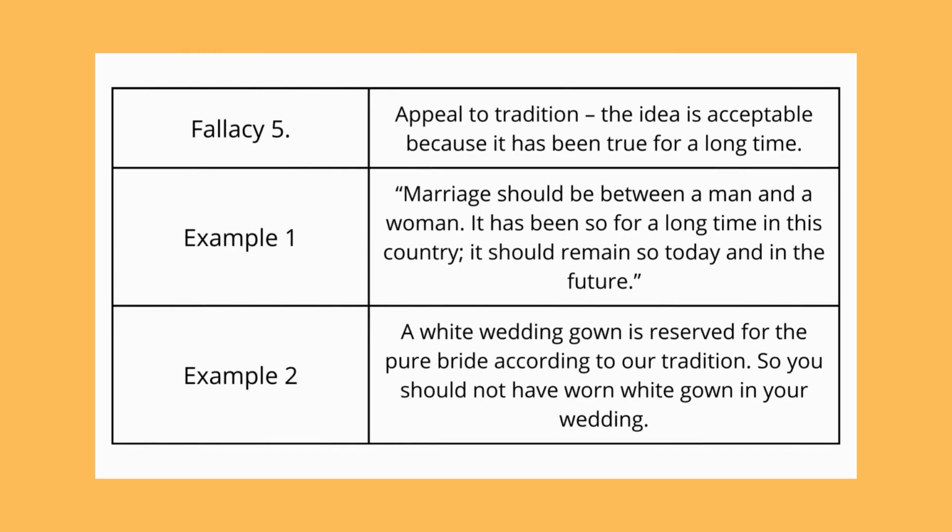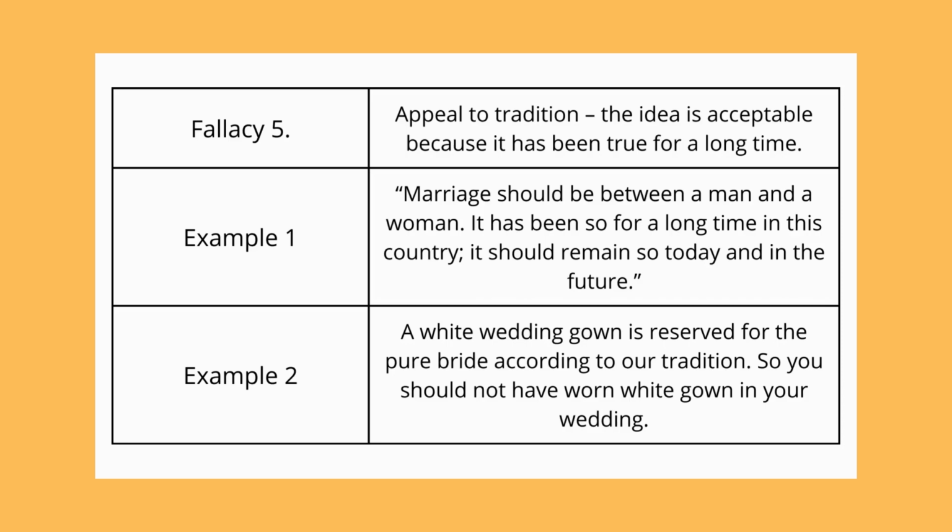Fallacy 5. Appeal to tradition. The idea is acceptable because it has been true for a long time. Example 1. Marriage should be between a man and a woman. It has been so for a long time in this country. It should remain so today and in the future. Example 2.